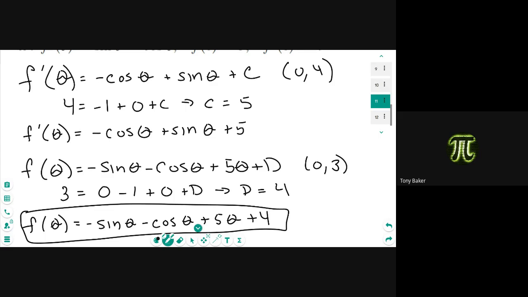So here. Hold on. Let's see if I can find one that's all on one page. I'm trying to find, hold on a second.